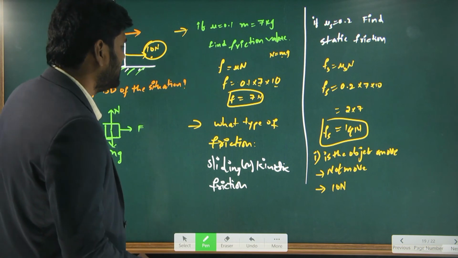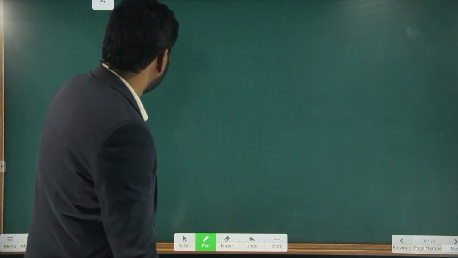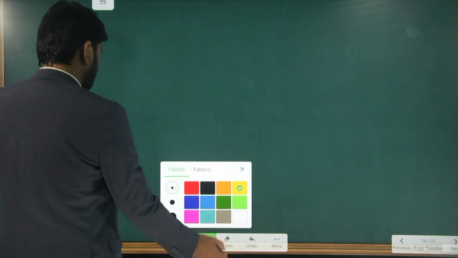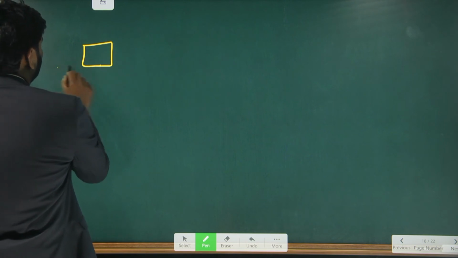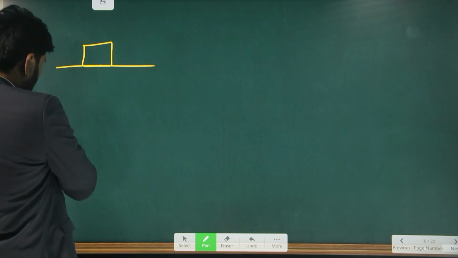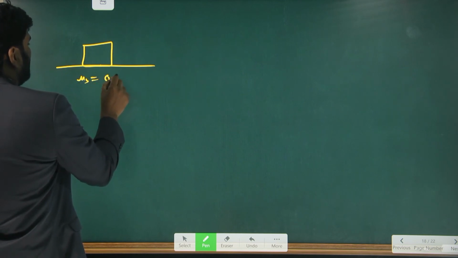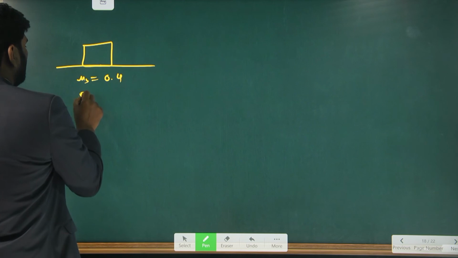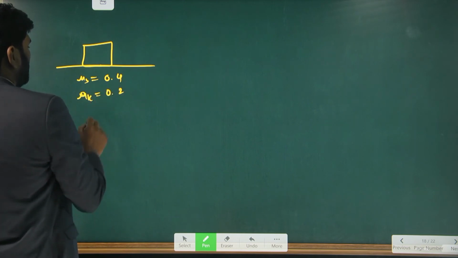Next, I'll give the last question. The mu s value is 0.4, the mu k value is 0.2.